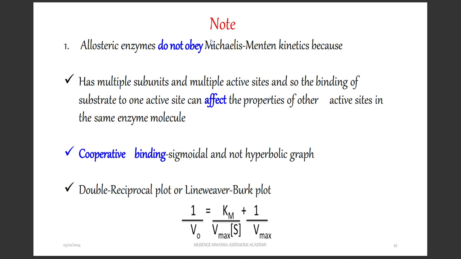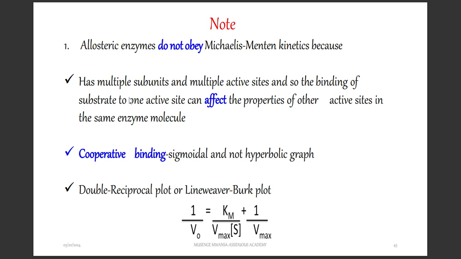Now, allosteric enzymes do not obey Michaelis-Menten kinetics. They can give you a question. Allosteric enzymes obey, do not obey Michaelis-Menten kinetics. Allosteric enzymes do not obey Michaelis-Menten kinetics. Why don't they do that?